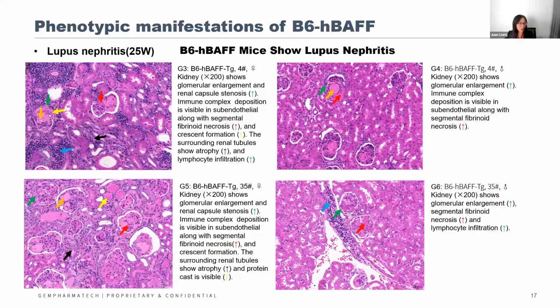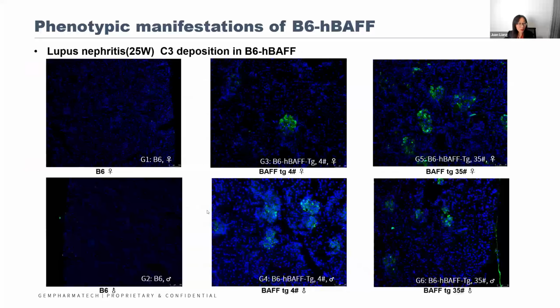Those pathological changes have also been observed in patients. So the B6 humanized BAFF mice could develop lupus nephritis that resembles the phenotype of patients. We also detected complement component C3 deposition in the mice, and we found an increased level of C3 deposition in the B6 humanized BAFF mice.